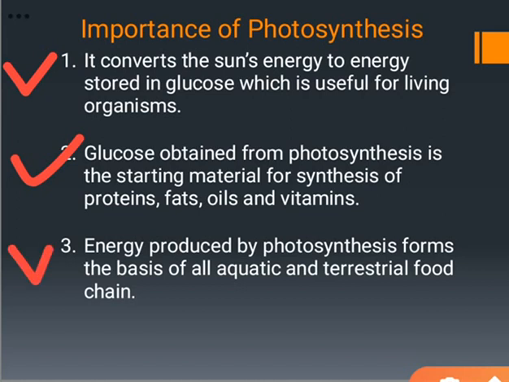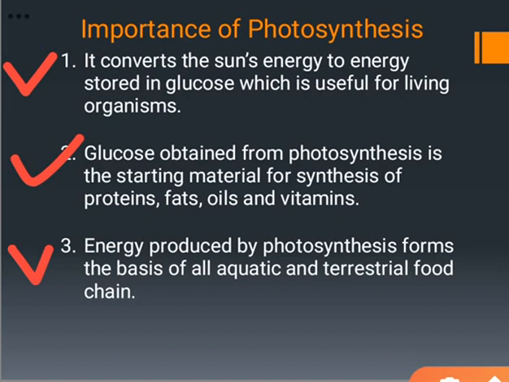Number 3. Energy produced by photosynthesis forms the basis of all aquatic and terrestrial food chains. As one organism depends on the other for food and for survival, we say a food chain is established.